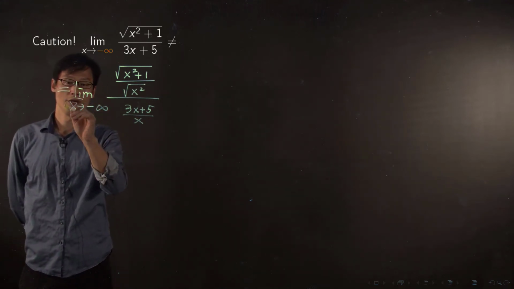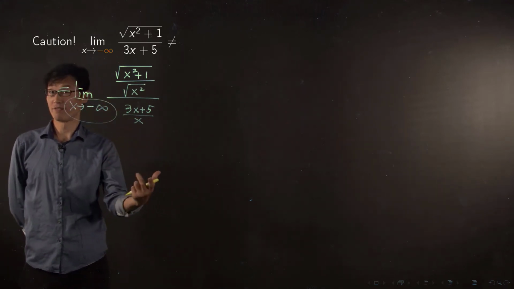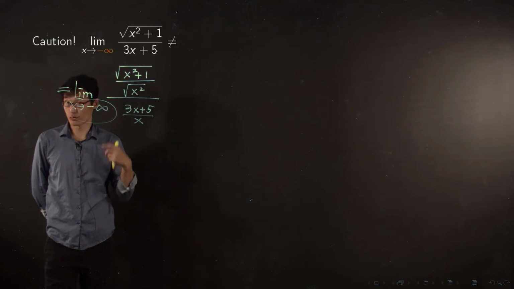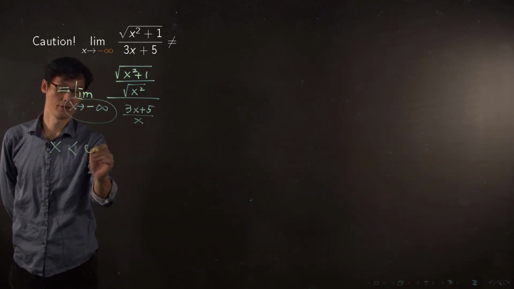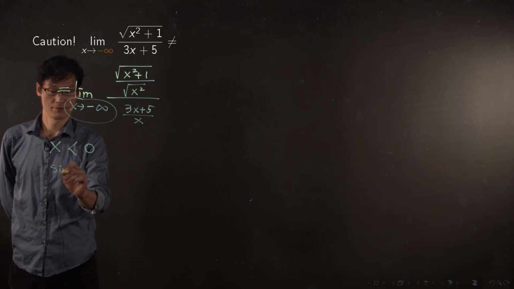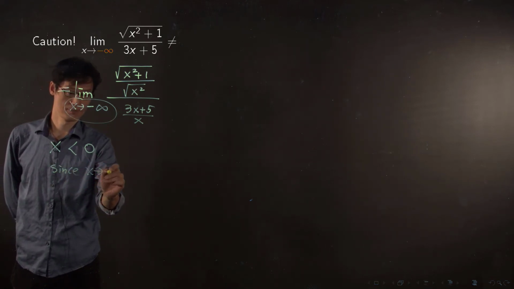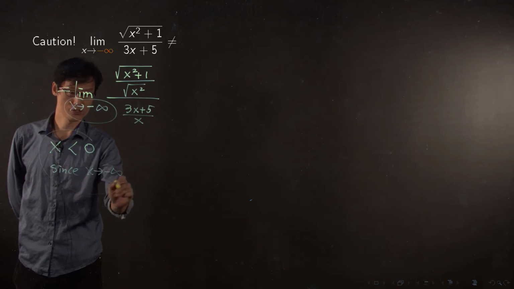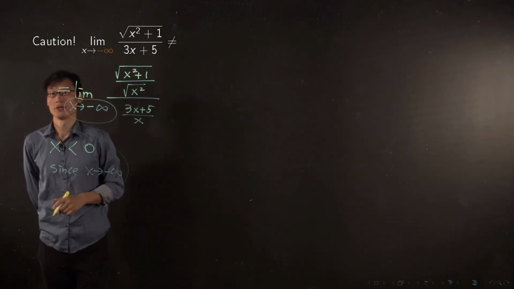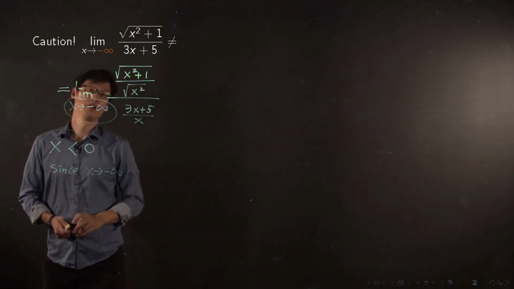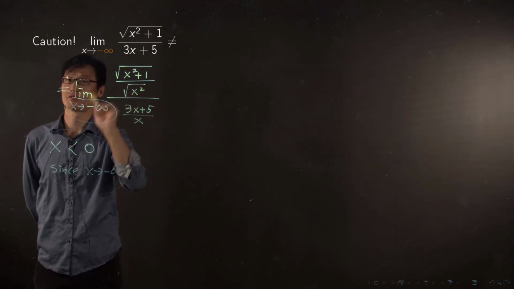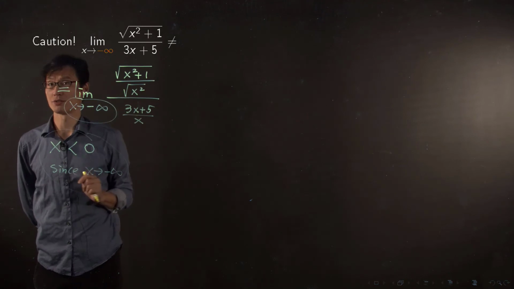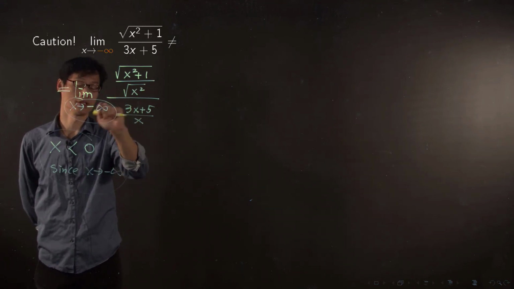But here, now that x tends to negative infinity, it's reasonable to say x is negative. This is quite an important observation. Now that x is negative, look at this expression. No matter what it is, the hidden sign is positive.